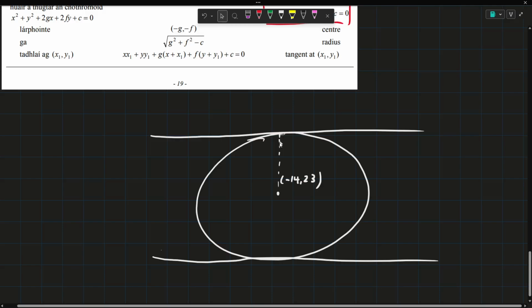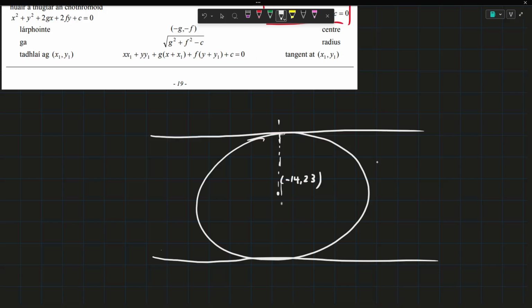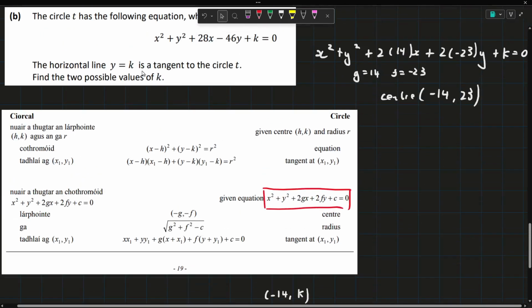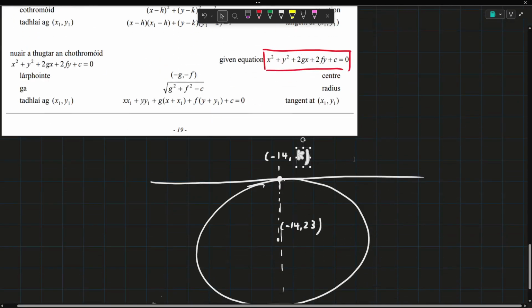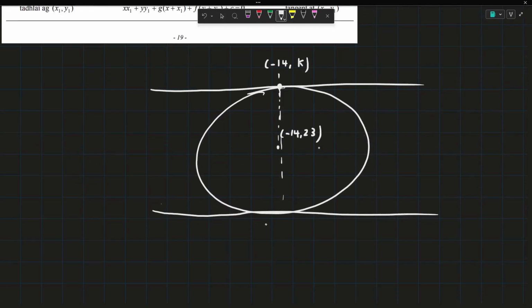So they have the same x-coordinate. That means our point of tangency is going to be minus 14, k, which makes sense because the y value should be k. And then we could also have minus 14, k on the other side. They're the two possibilities.